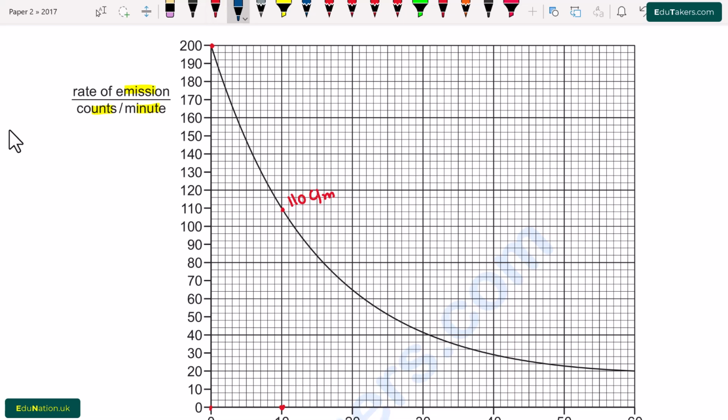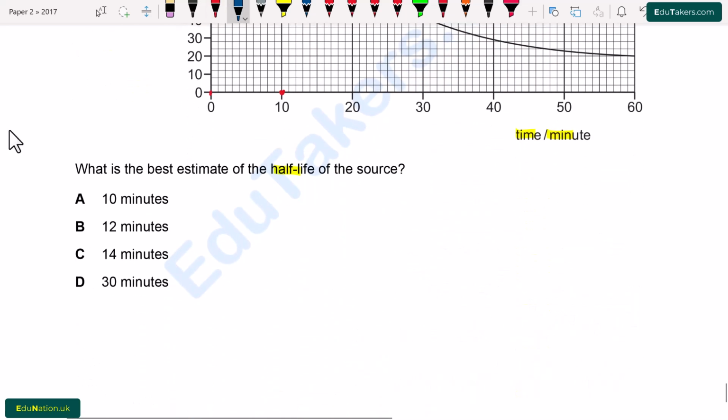So I write here time and count rate. When time t is 0 and when t is 10 minutes, the count rate is 200 and here it is 110. These are the count rates including the background.